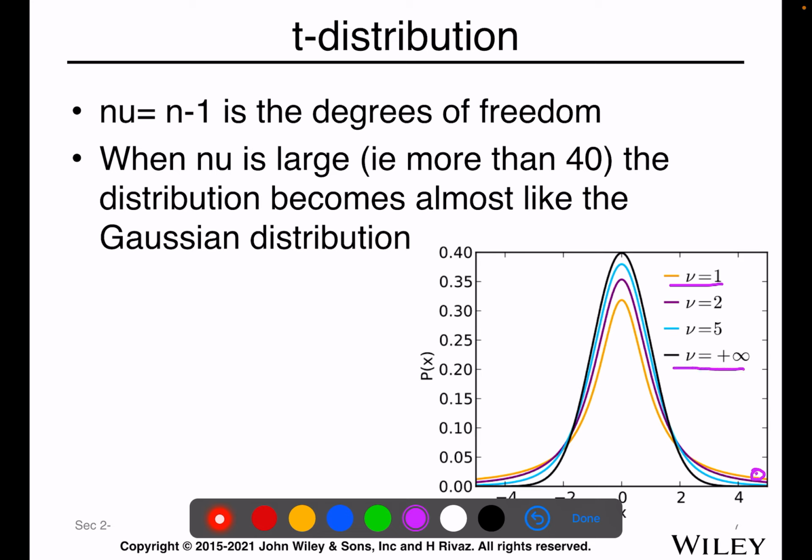If the degrees of freedom is infinity, it becomes a Gaussian distribution. The black curve is the Gaussian distribution, and you see that it approaches 0 very fast. It means that a number like 4 is very unlikely, but with the t-distribution it's not as unlikely. The probability is a little bit higher.